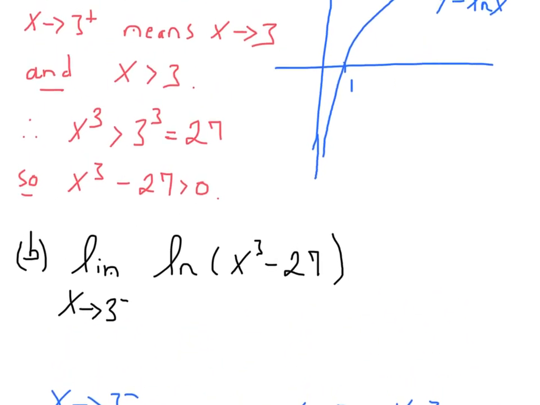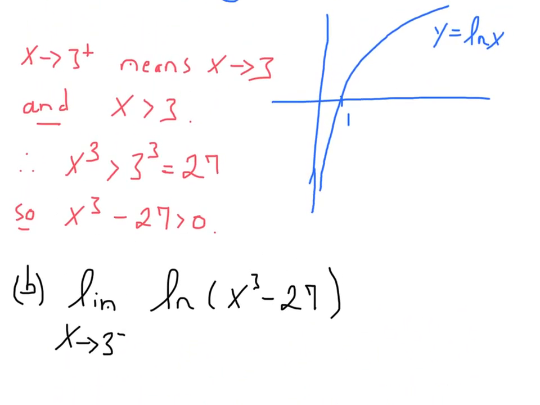Right? The log function, there it is here, isn't defined for x less than or equal to 0, so we certainly can't evaluate this limit here, because when we attempt to evaluate this limit, we have to be able to evaluate logs of x cubed minus 27 for x less than 3.